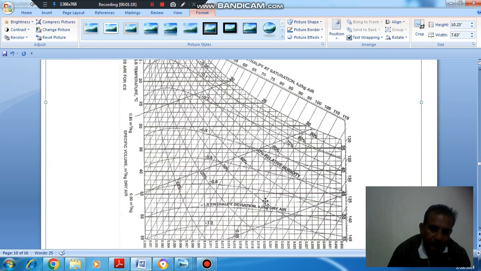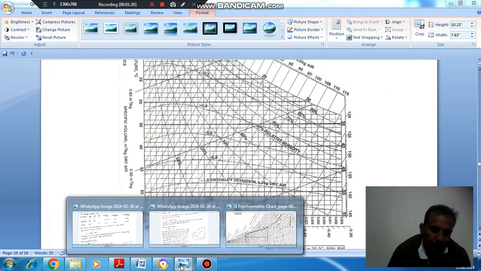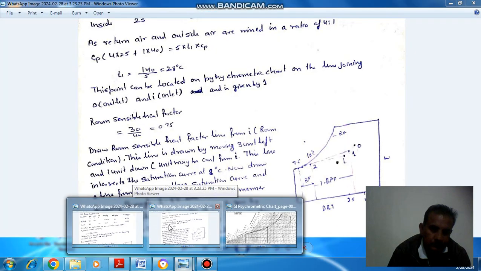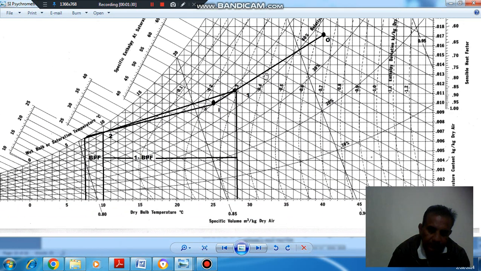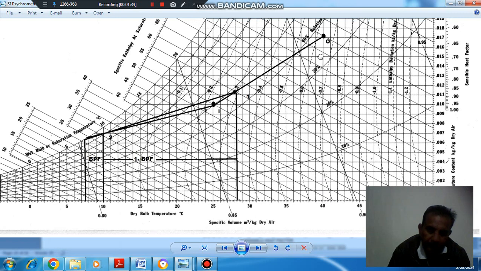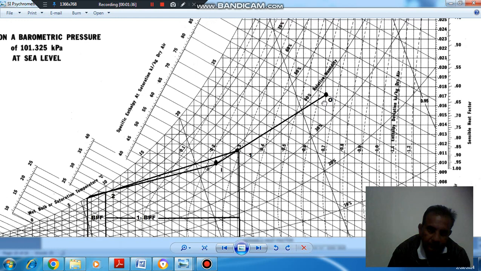Okay, so this is a psychrometric chart. Locating these points on the chart, the outside air condition is 40 degrees Celsius DBT and 27 degrees Celsius WBT. So this is the point.